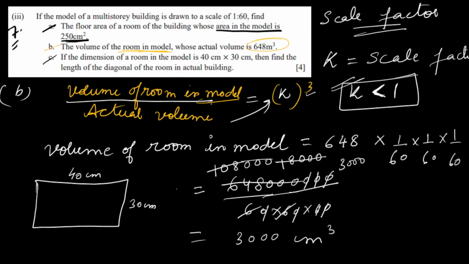We have to find the length of the diagonal of the room in the actual building. That means for the actual building we should know length and breadth. So how to find length and breadth in the actual building? Which formula out of these three formulas can we use for finding length and breadth?